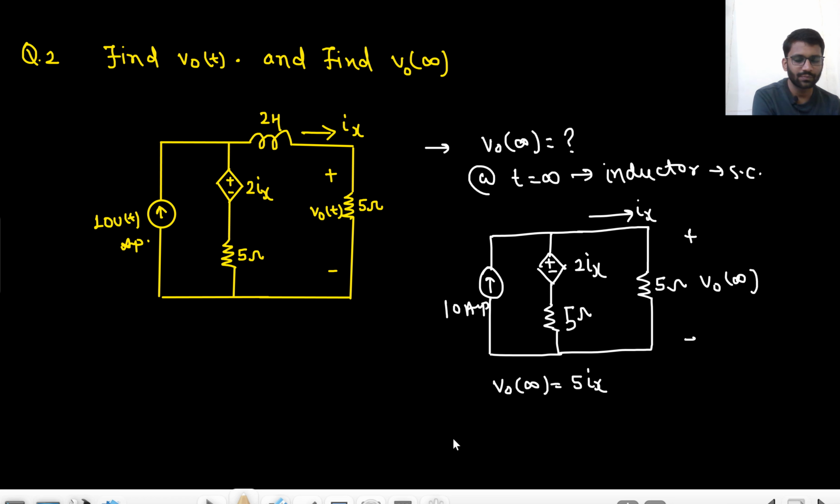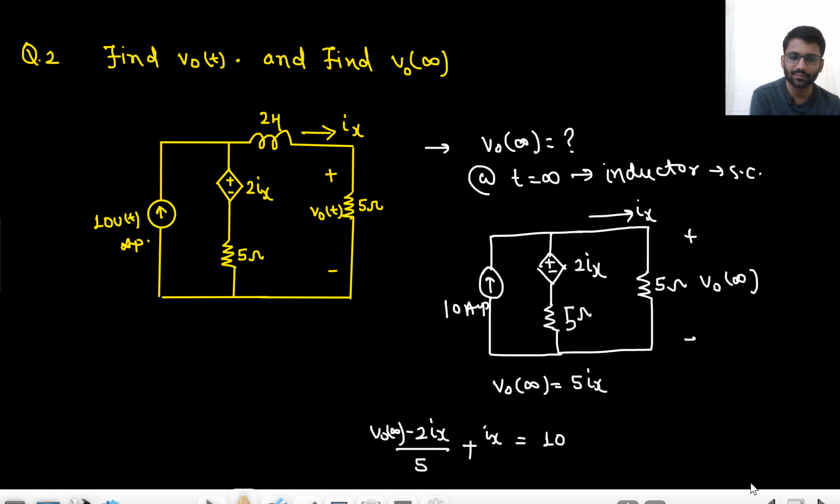Now, what you can do? You can apply nodal here. So, V naught minus 2ix by 5 plus V naught by 5, or simply write ix plus ix. What did I do? First, I wrote the current in this branch. This would be V naught infinity minus 2ix by 5, plus ix current that is going outward, and 10 ampere current is coming inward.